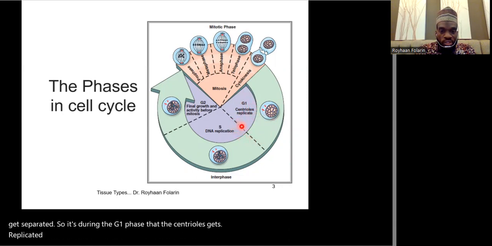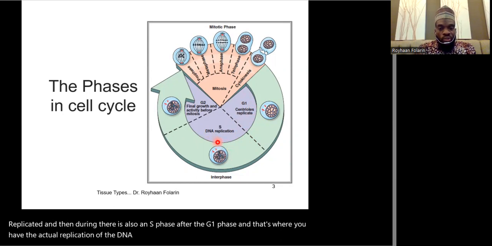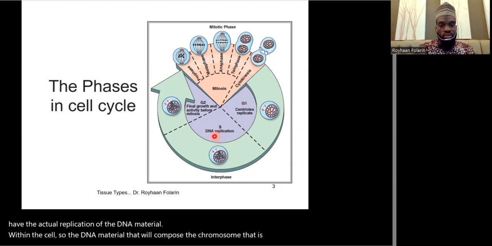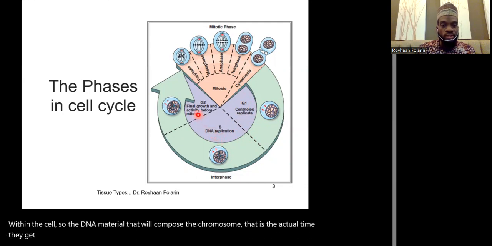And then there is also an S phase after the G1 phase. And that's where you have the actual replication of the DNA material within the cell. So the DNA material that will compose the chromosome, that is the actual time they get replicated. And after the S phase, which stands for synthetic phase.